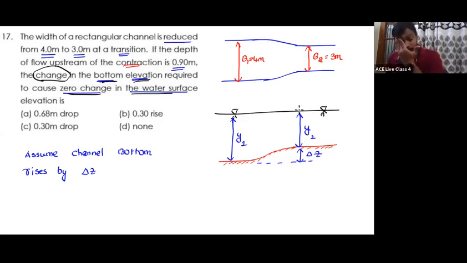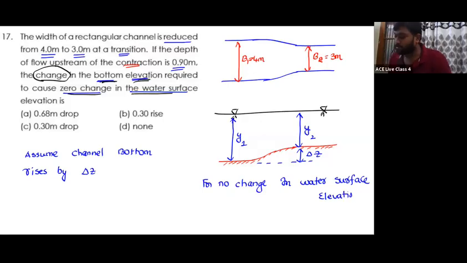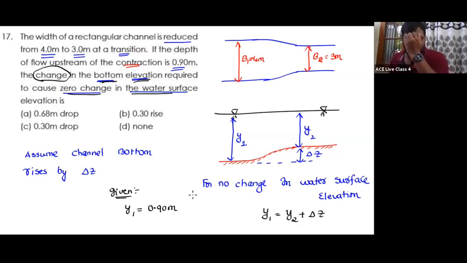No change in the water surface elevation means Y1 is equal to Y2 plus delta Z, and given Y1 is equal to 0.90 meters. So now repeating the question once again.